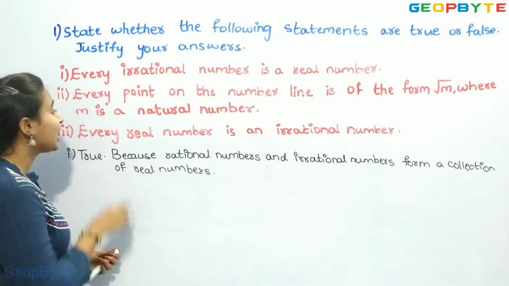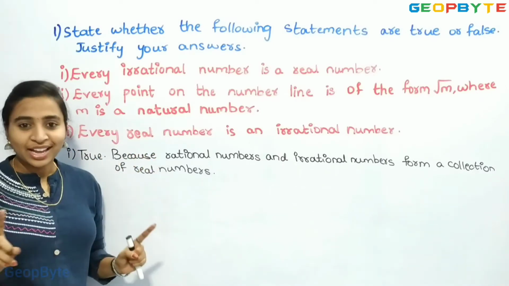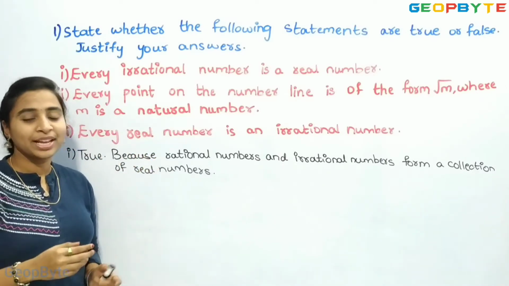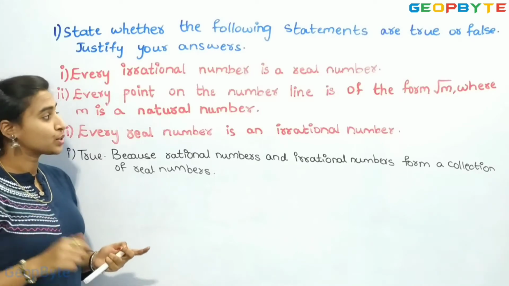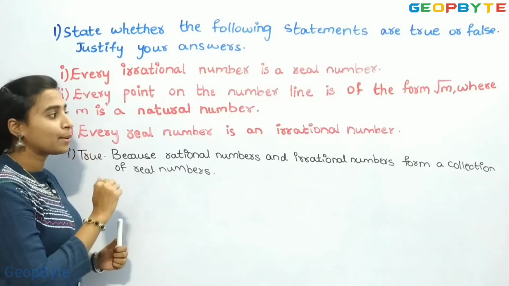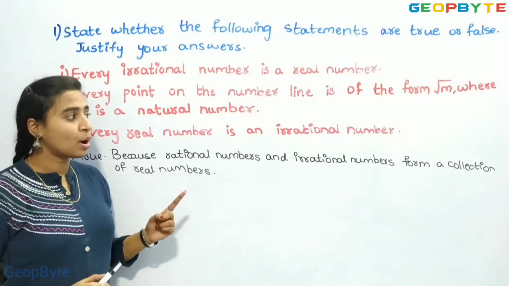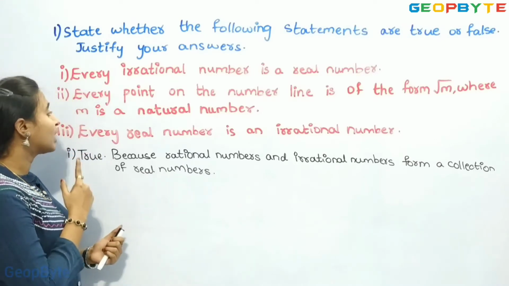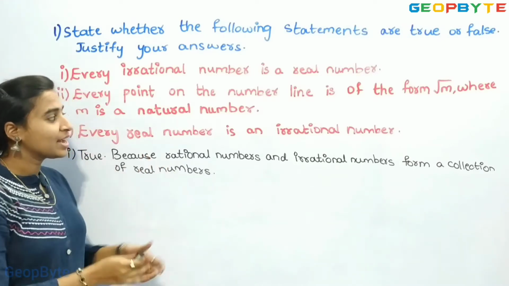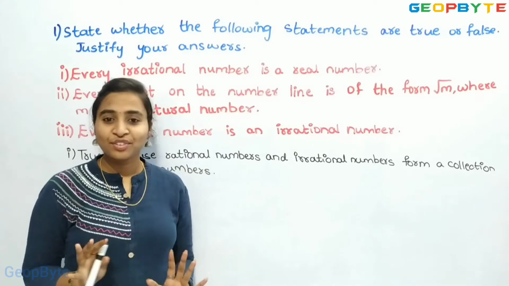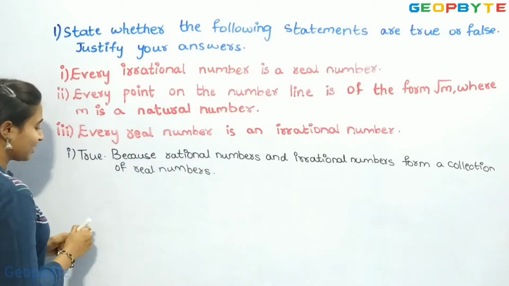So, only m cannot be natural number. There might be any other number. So, this statement is false. Let us write.